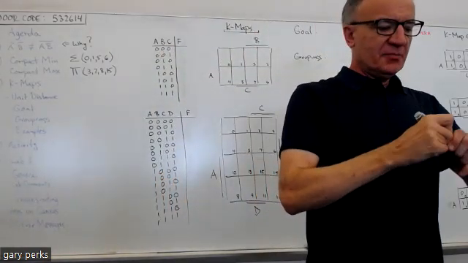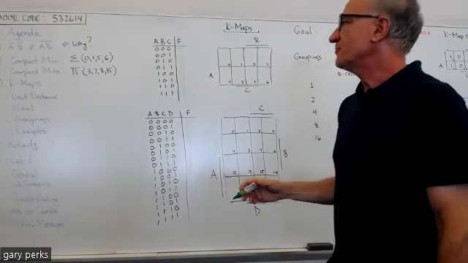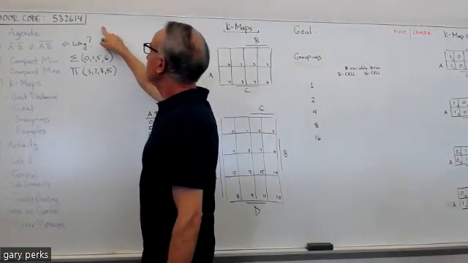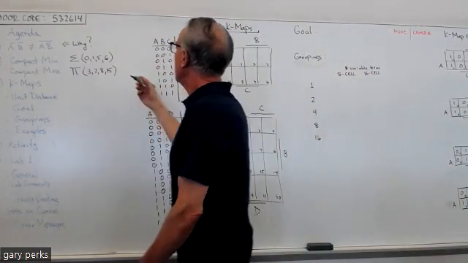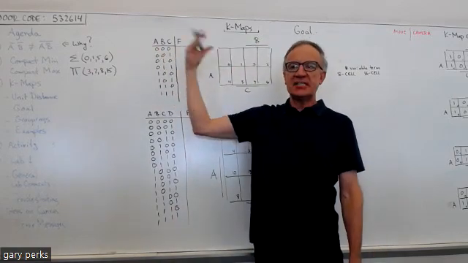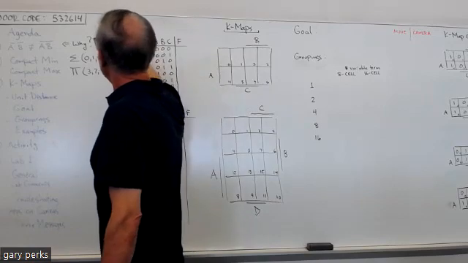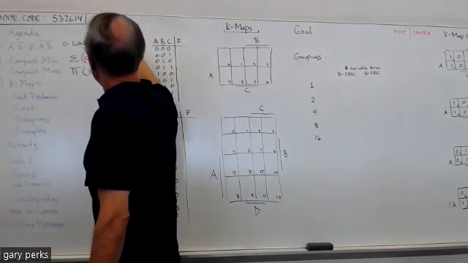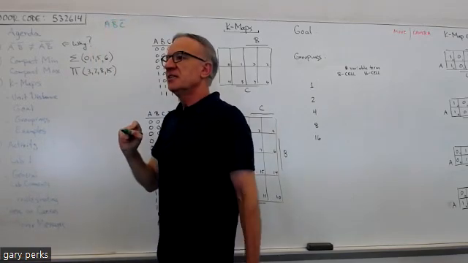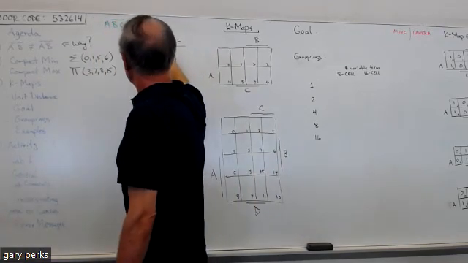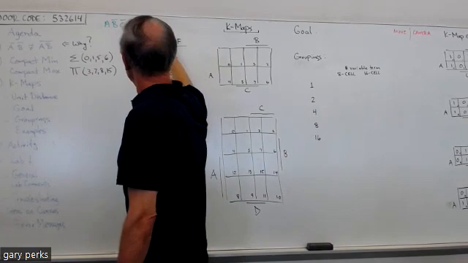I see this mistake every quarter, unfortunately, and it goes like this. Let's say you're writing either an SOP or POS equation from a truth table, and let's say one of the terms is A, not B, not C. Well, this is the mistake I often see, is people will do this.